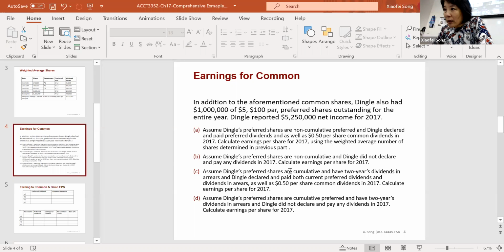The third situation is preferred shares are cumulative and have 2 years of dividends in arrears, and Dingo declared and paid both the current preferred dividends and dividends in arrears as well as common dividends. The fourth situation is preferred shares are cumulative and have 2 years of dividends in arrears, but Dingo did not declare and pay any dividends. So hopefully that covers all the situations, right?